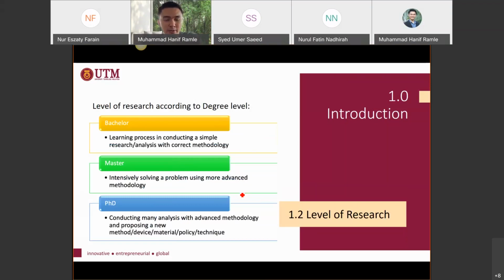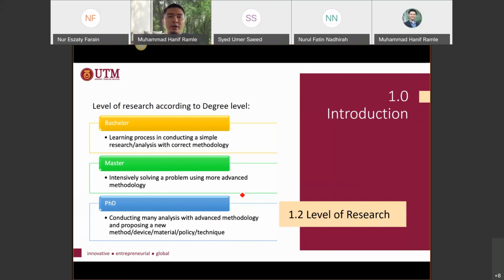For the bachelor, you are already aware of this. This is the learning process. You do a final year project for your bachelor degree. This is only the basic thing that you learn to do research. It is a learning process in conducting a simple research analysis with correct methodology. It is very simple. The scope is very small, not much like a master and PhD.